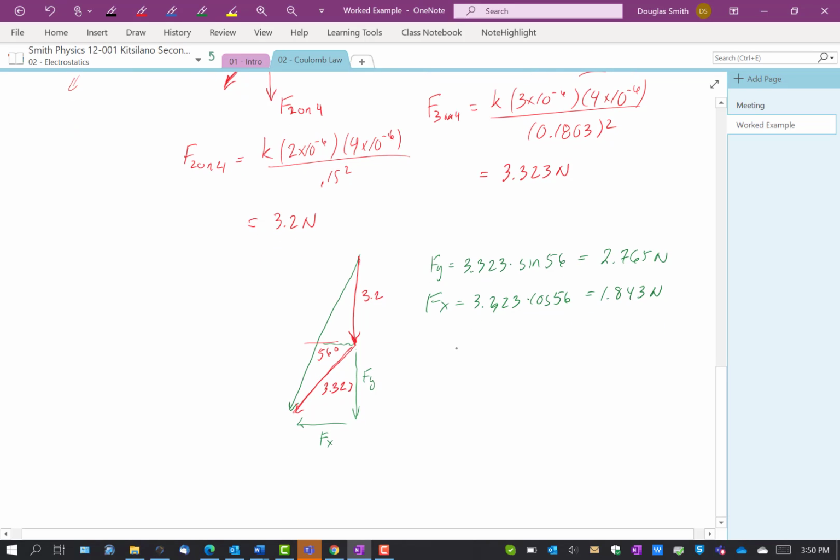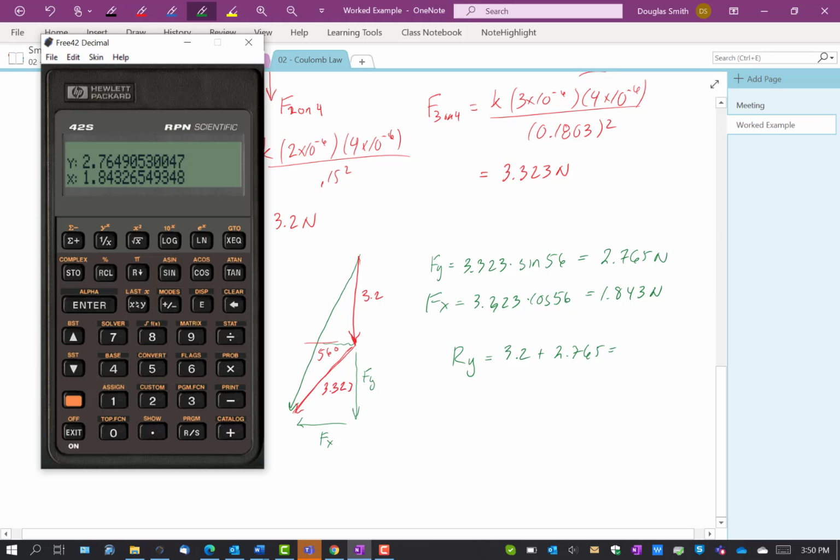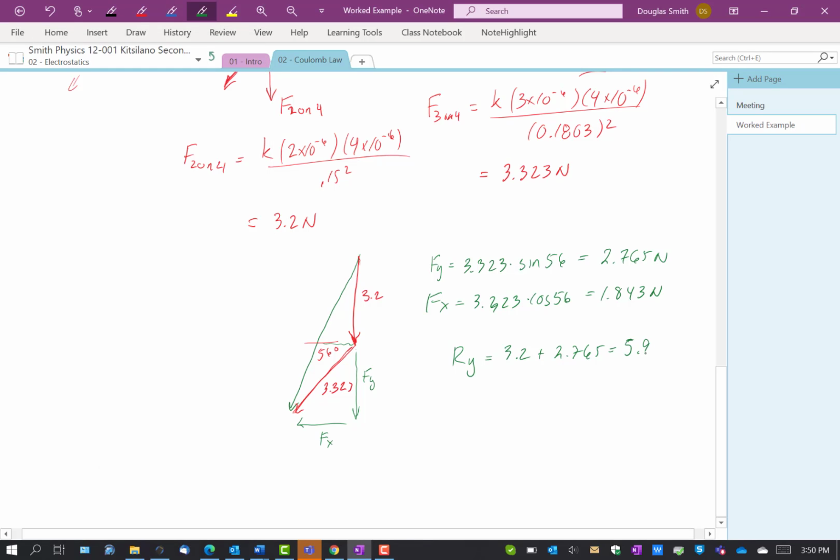So the resultant y is 3.2 plus 2.765, so 5.965. And Rx is 1.843.